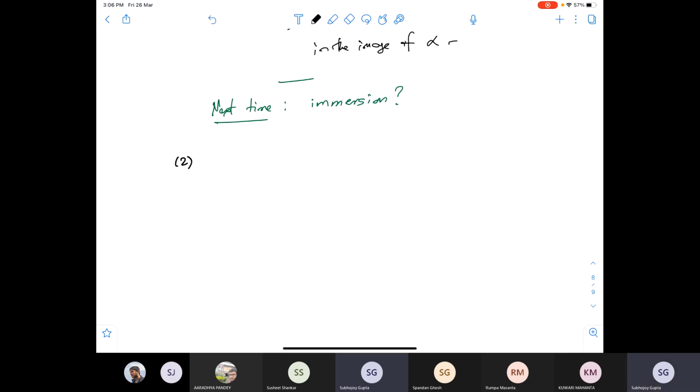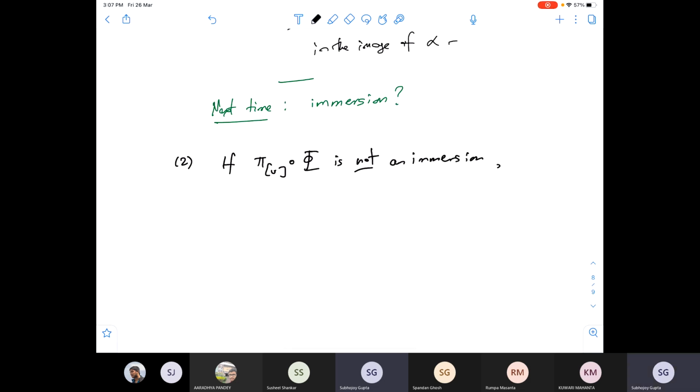So the second thing is to ensure that it's an immersion. So if this composition is not an immersion, what does that mean?